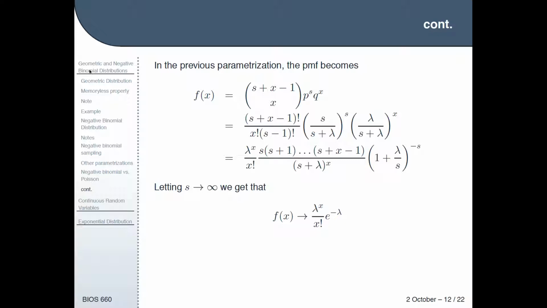We get lambda^X over X! times e to the minus lambda, which is precisely the PMF of the Poisson distribution. In other words, if we take a negative binomial distribution and let P equal the value I laid out on the previous slide, then for large S this distribution will converge to a Poisson distribution.